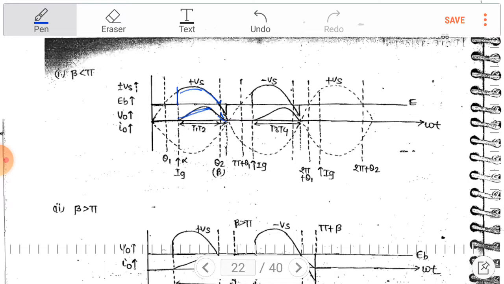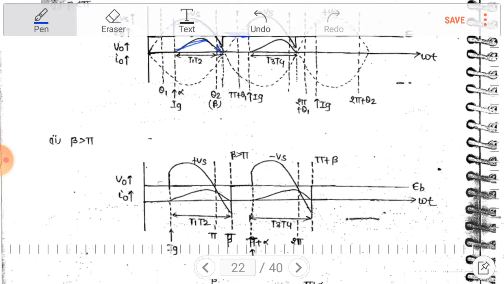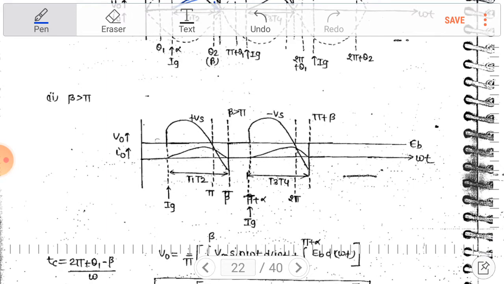When current is equal to 0, V output equals the constant magnitude E. This process will continue. In the second case, where beta is greater than pi, negative spikes are observed, and current is discharging from the point where V output is less than Eb.